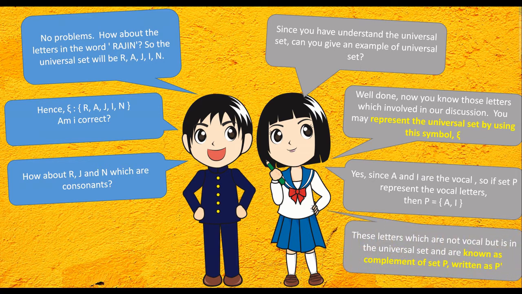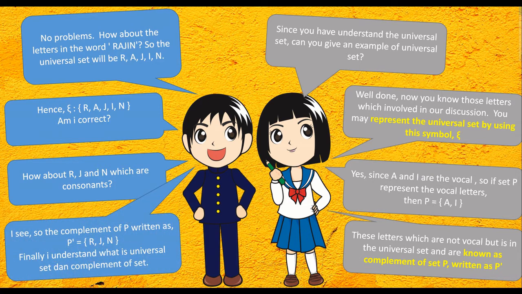Well, these letters are not vowels but are in the universal set and they are known as the complement of the set P. We write it with the P apostrophe sign. I see. So the complement of P, written as P apostrophe, is R, J, N. Finally, I understand what the universal set and also the complement set are.